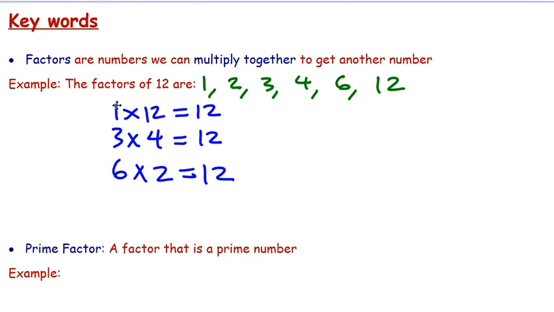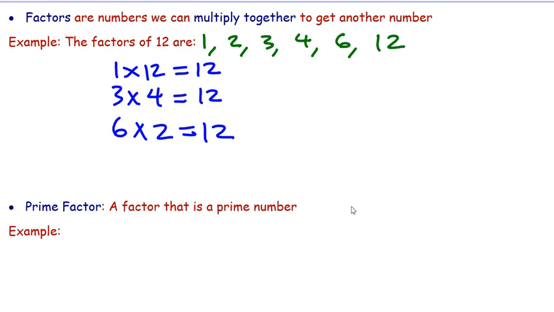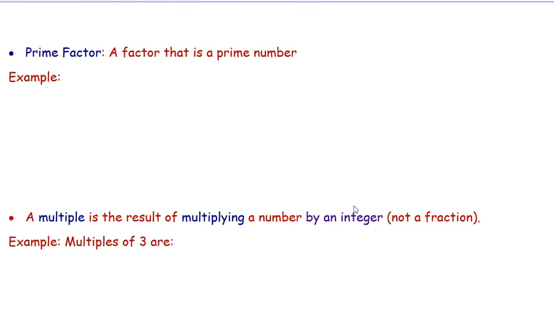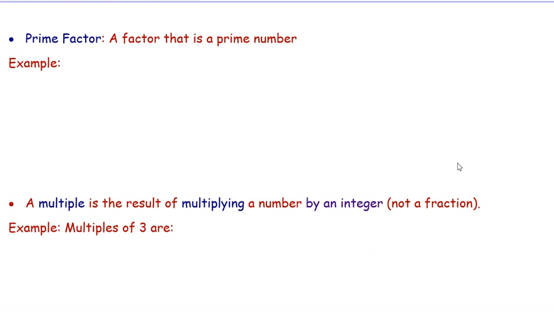Another keyword that we need to know is a prime factor. Now, a prime factor is a factor that is a prime number. For example, if we have this product, 2 multiplied by 3 is equal to 6. Obviously, from year 7, you know that 2 and 3 are prime numbers.